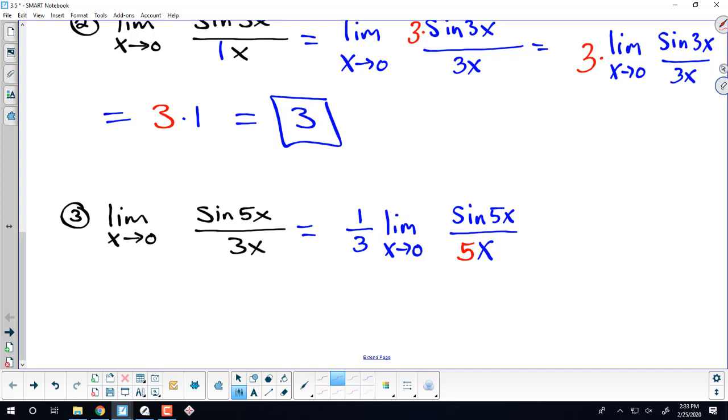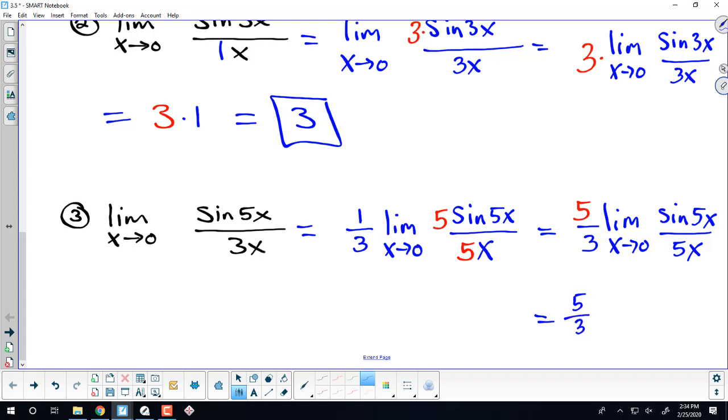We're going to multiply the top and the bottom by 5. And just like in that last example, that red 5 on top is going to come out front with that 1/3. So we're going to put that out front. And then we have our result that we guessed. So that's 5/3 times 1, which is 5/3.